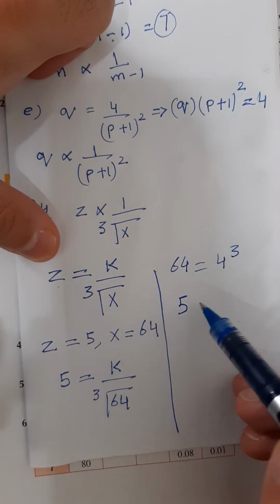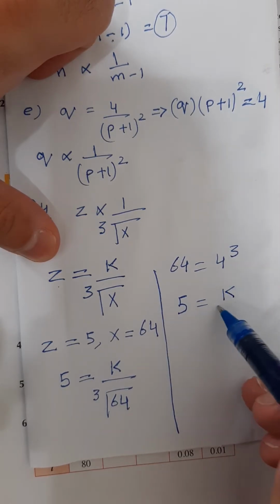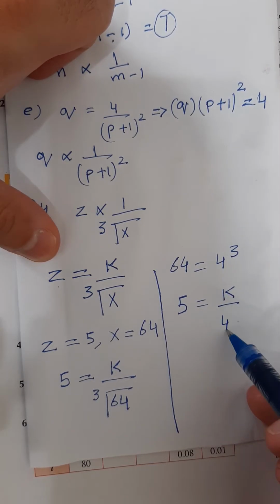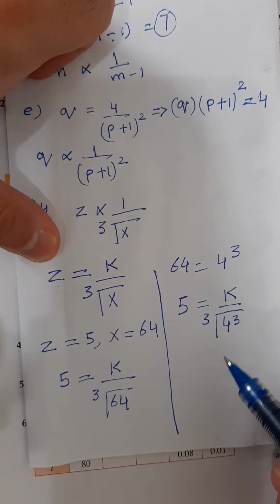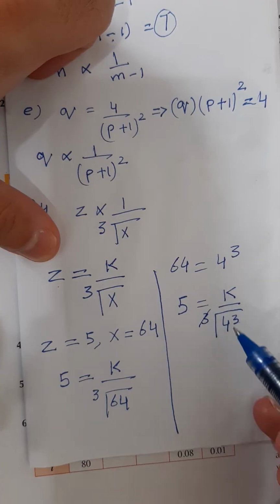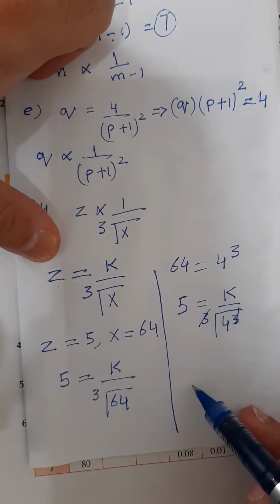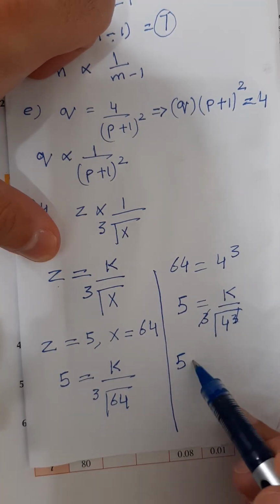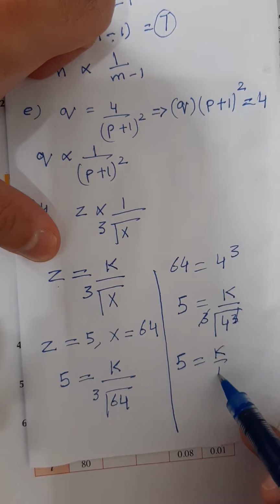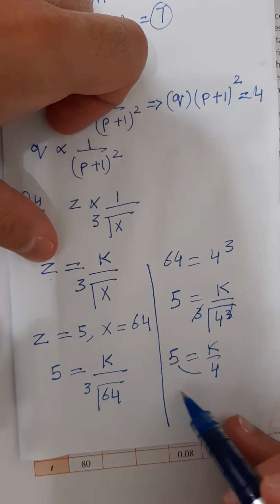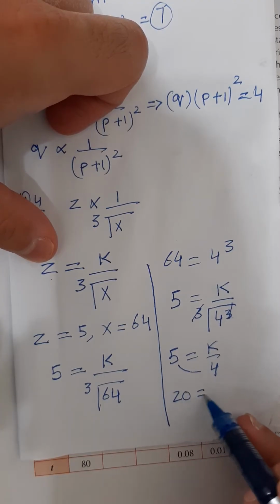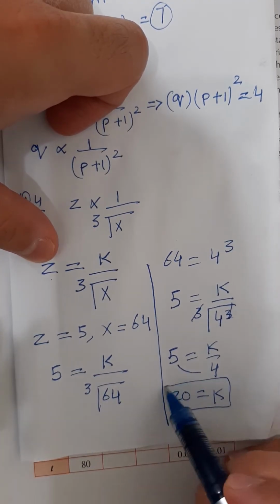So replacing this, 5 is equal to k over cube root of 4 cube. Now cube root and cube cancel, so 5 is equal to k by 4. 4 and 5 will be multiplied, that is 20. So you got the value for k.